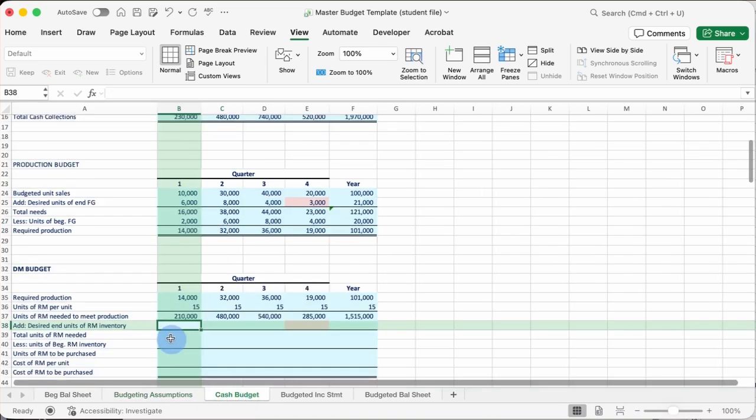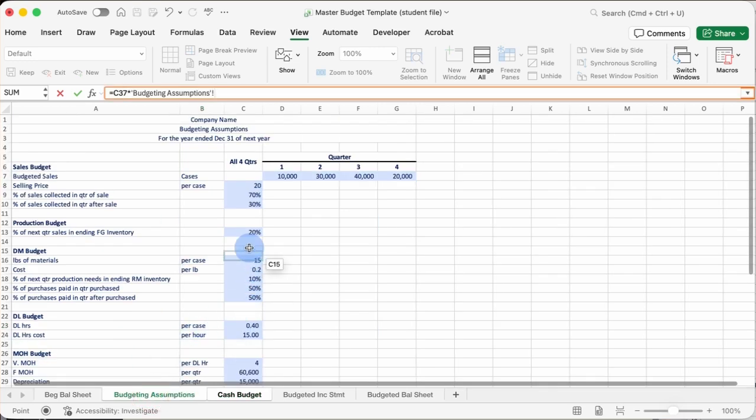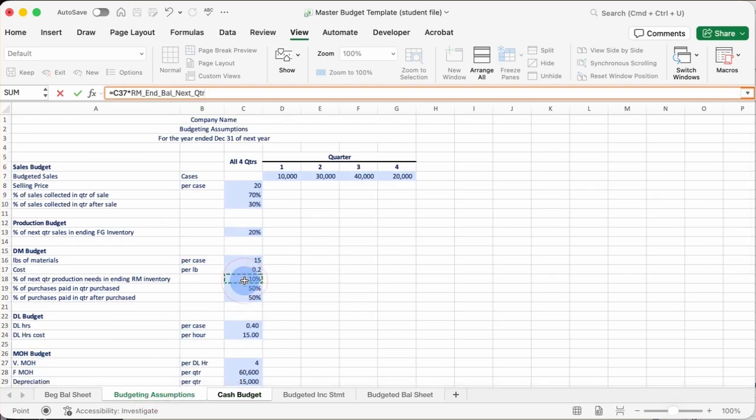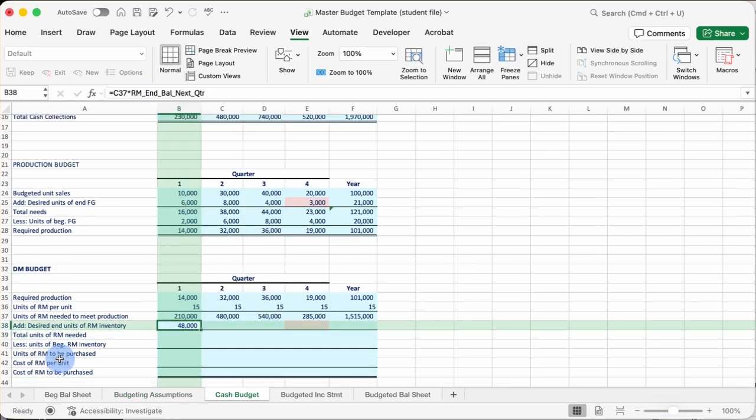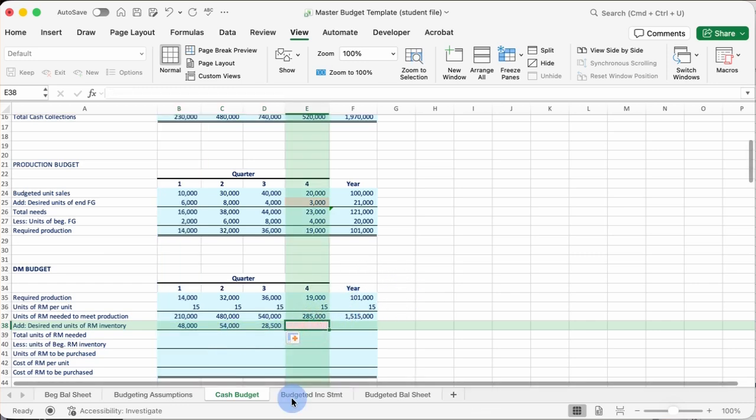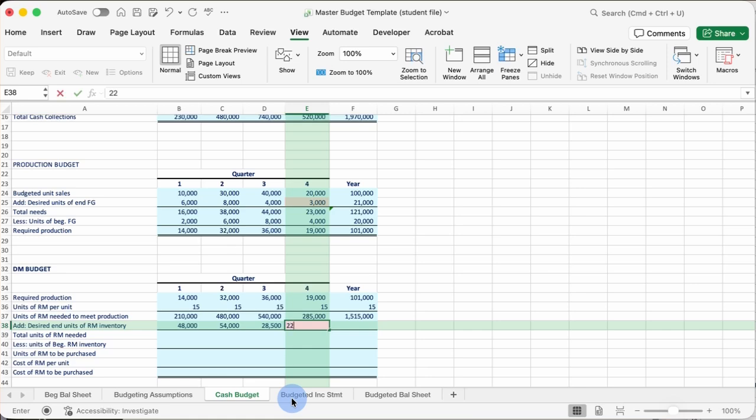So going back to the cash balance, we're going to say equals next quarter's production times budgeting assumption 10% of next quarter, which I named raw materials ending balance next quarter. And so we have that filled in, and we can pull that over to Q3. Once again, we don't have Q1 of the next year, so I'm just going to go ahead and give you that number, which is 22,500.